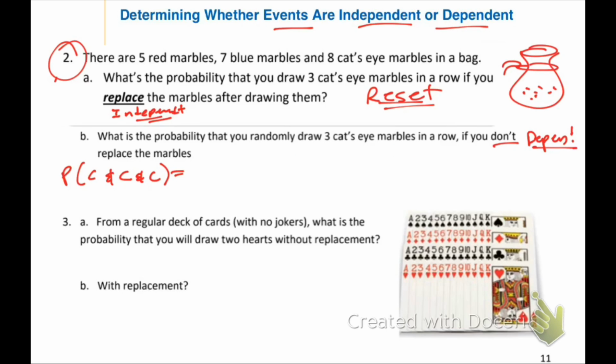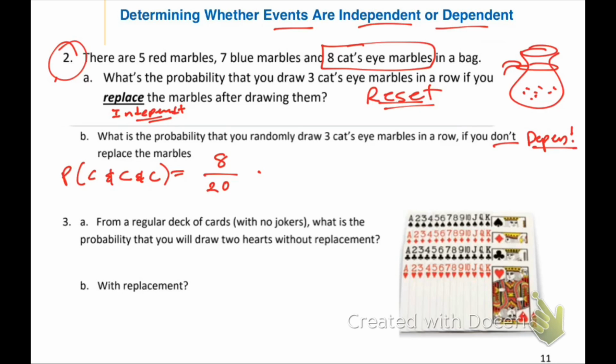But what we're going to do, pretty simple, is just look at what we want. Remember, want over total. So all we got to do is take the total amount that we want, which is the cat's eyes. So initially I have 8 over 20.